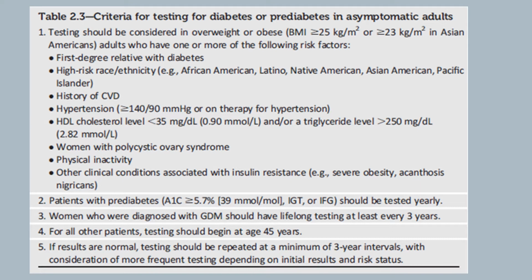So this could be someone with a first-degree relative with diabetes, so again, that family history, the high-risk ethnic groups, someone with a history of cardiovascular disease, hypertension, high cholesterol, women with polycystic ovarian syndrome, people who are physically inactive, or those other conditions that can be associated with insulin resistance. So severe obesity, and if you saw someone with acanthosis nigricans, which we're going to see pictures of later.